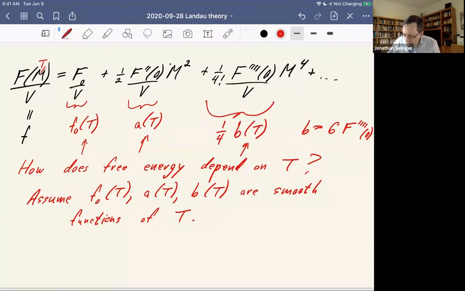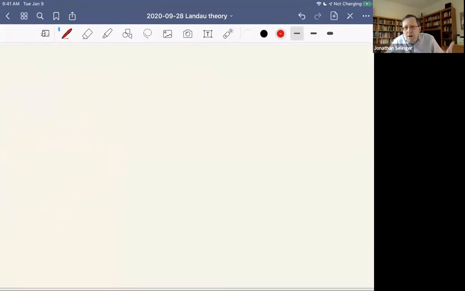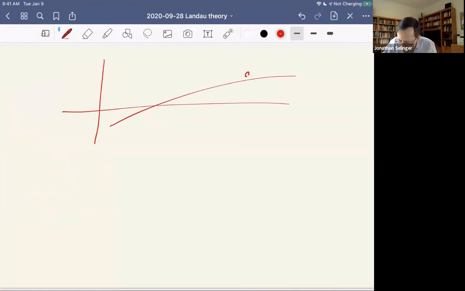So, if we want to make a plot of what they might look like, a typical plot would be something like this, that there's some A of T, which is some smooth function like that. And there's a B of T, which is some other smooth function.